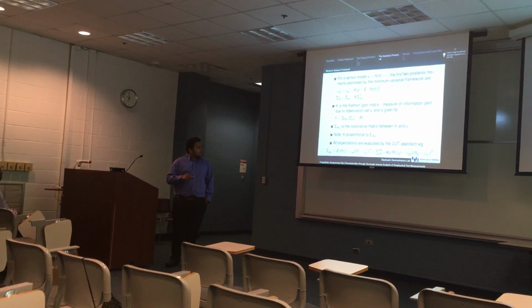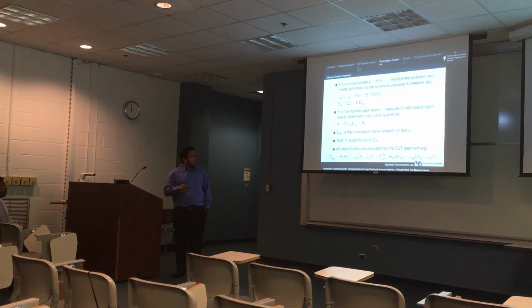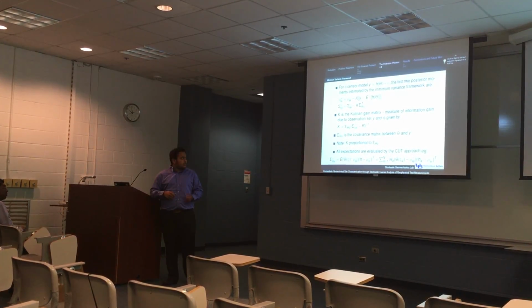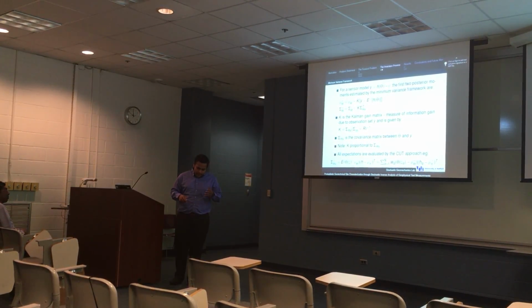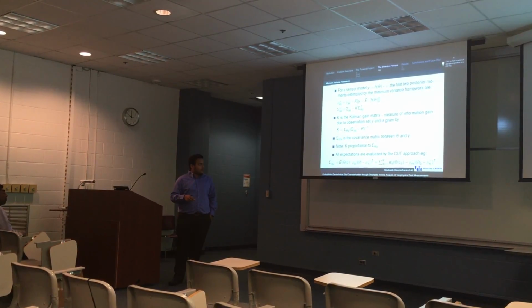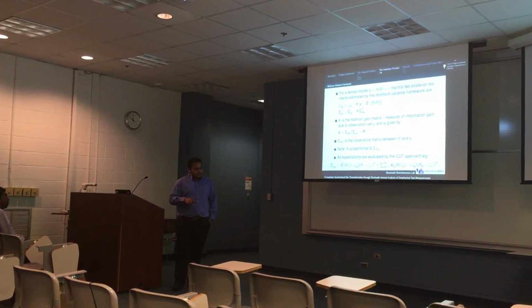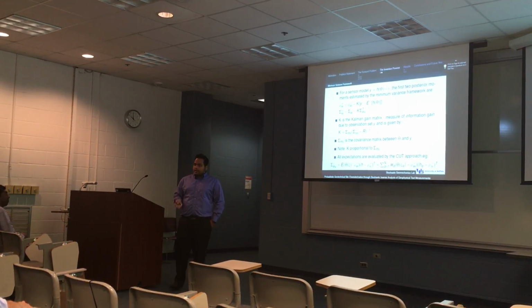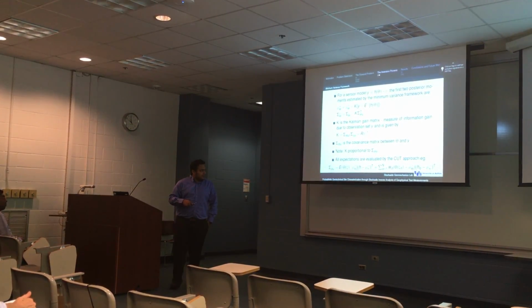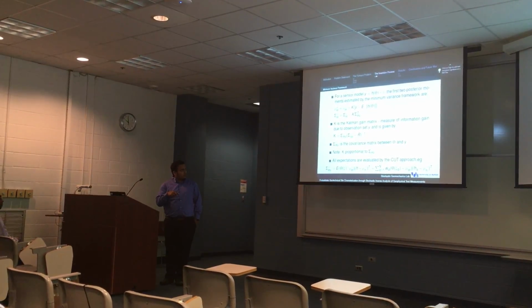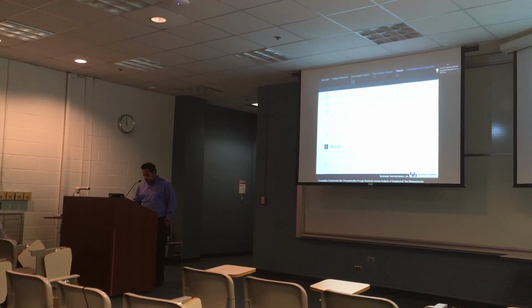As you can see, K is proportional to sigma theta Y, which is basically a covariance between theta, our unknown random parameter, and Y, the measurements. All expectations, as I mentioned before, are calculated by the cut approach. This is one example of how I calculated the expectation, this integration for sigma theta Y.